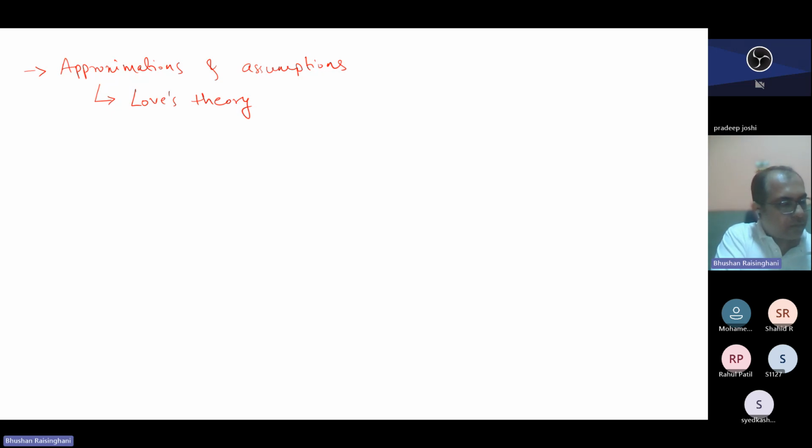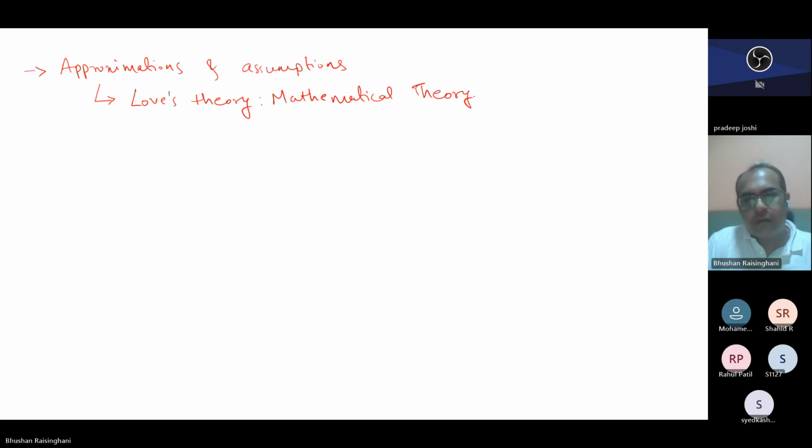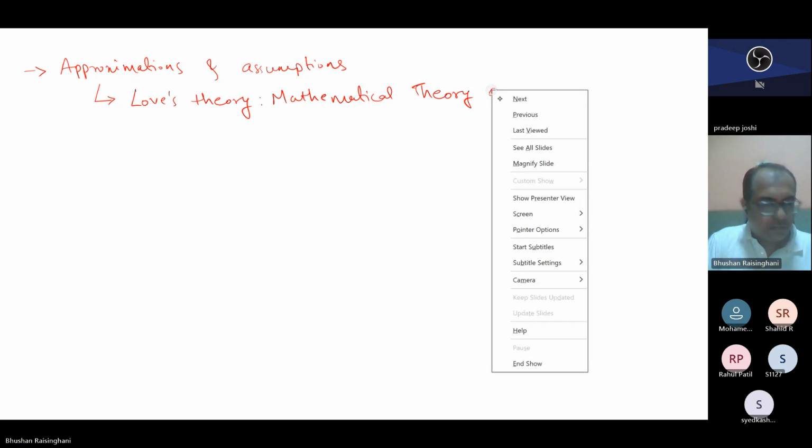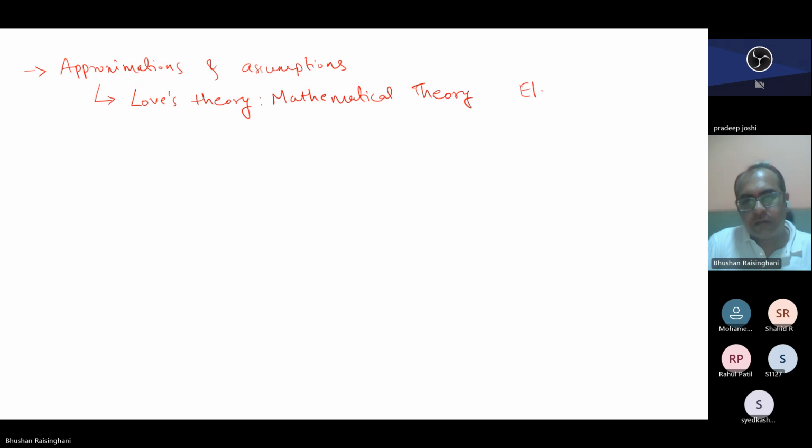Let me open that document. So this was the theory based on which all other theories got derived. So this is the mathematical theory of elasticity, was in 1927.